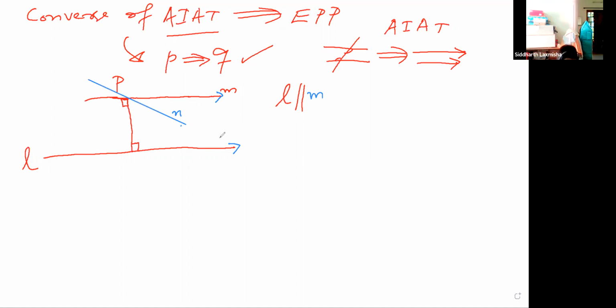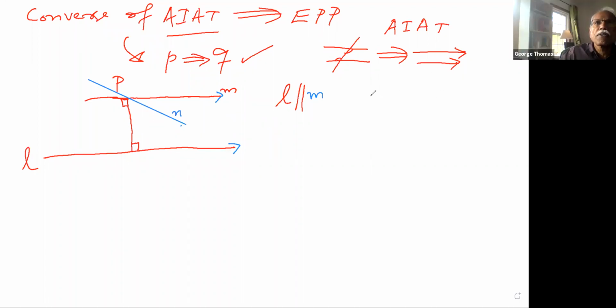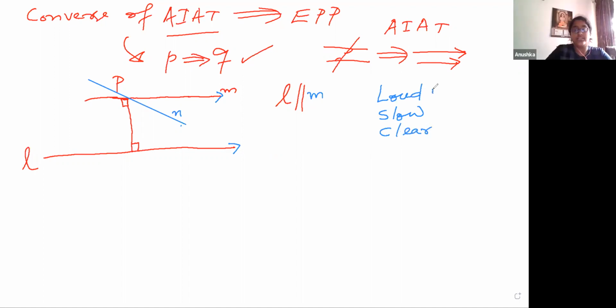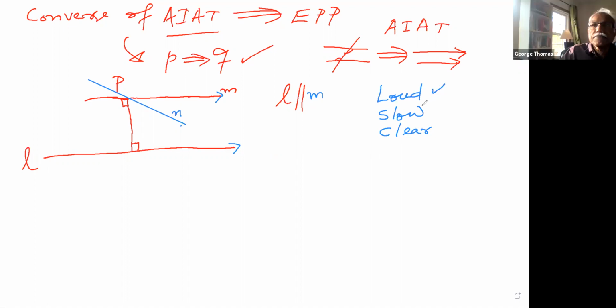Sir, could I continue with the proof? When you talk, hold on. I used to be like you, but I had to change. First of all, you need to be loud enough. I am actually too loud. You need to be slow. You need to be clear. When you talk, you need to be loud enough.